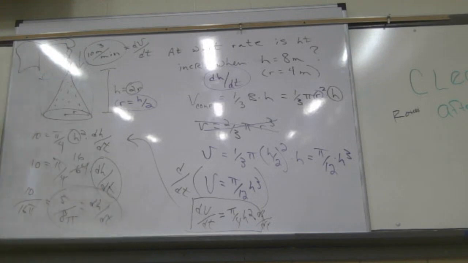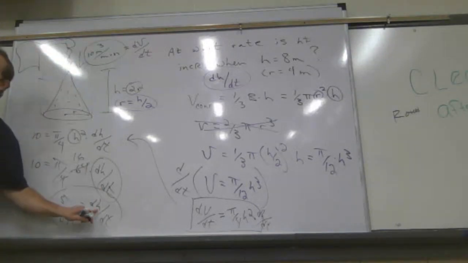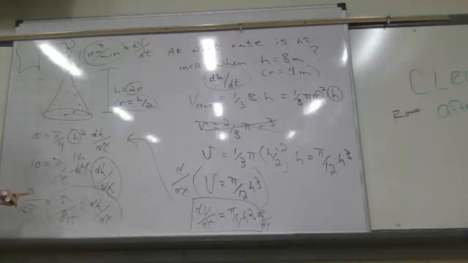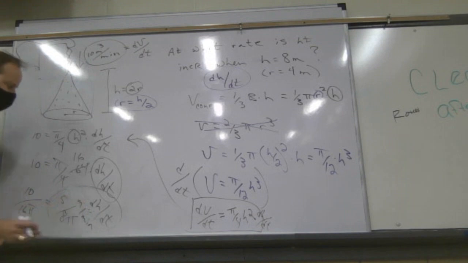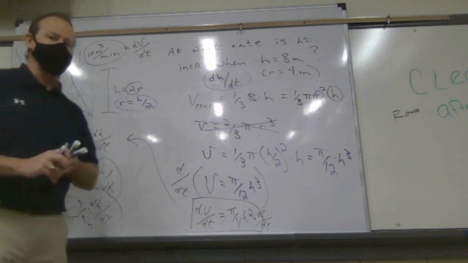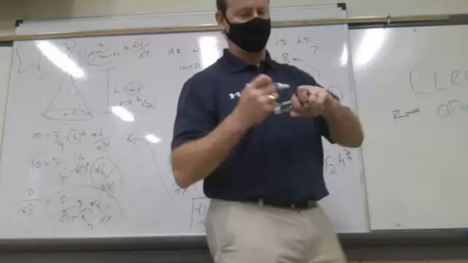But dH/dt, what's the label? The height is in meters, so it's going to be meters per minute, right? And it's positive, so we can say that the height is increasing at a rate of 5 over 8 pi meters per minute, which should be the answer in the back of the book, and I'll verify that. I'll let you know if it's not.